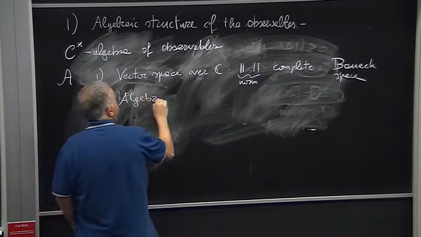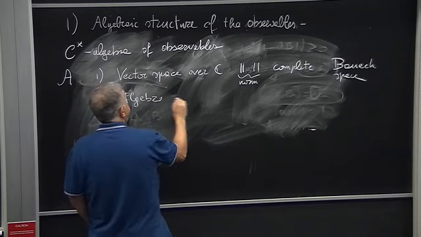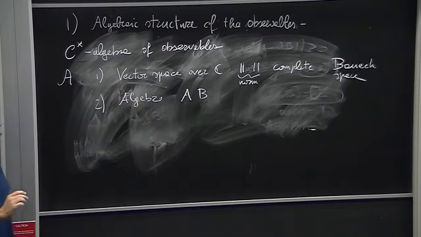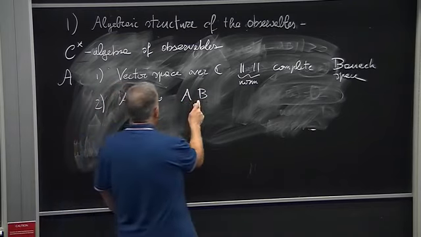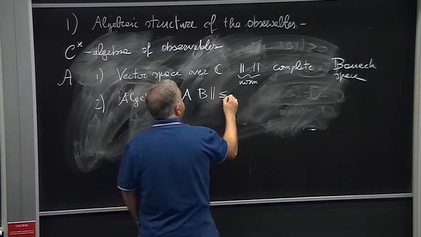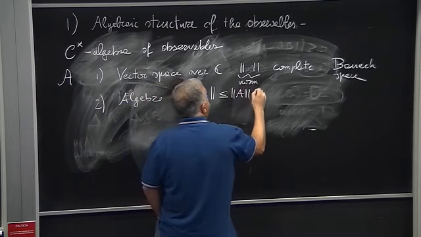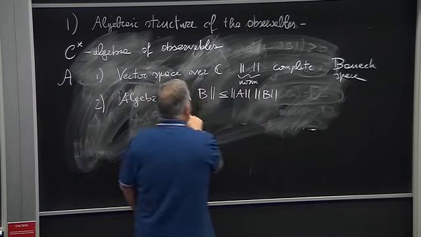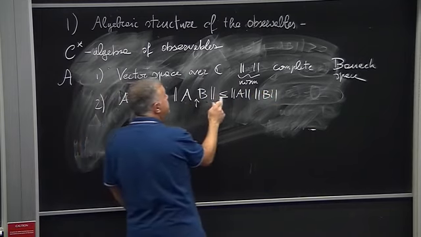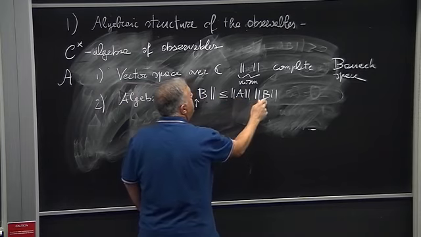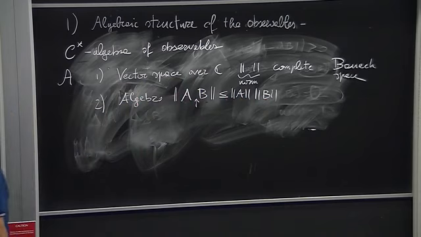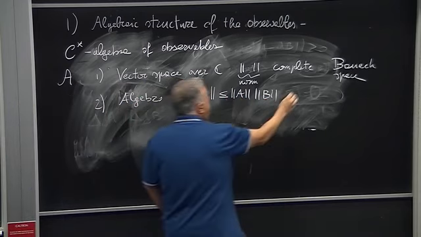It means that if you have two observables, A and B, the observable which is the product of these two is also part of the set of observables, and the norm has to be compatible with the algebraic product. It means that the norm of AB should be less than or equal to the norm of A times the norm of B, and this product is linear in each argument. So it is a Banach algebra.